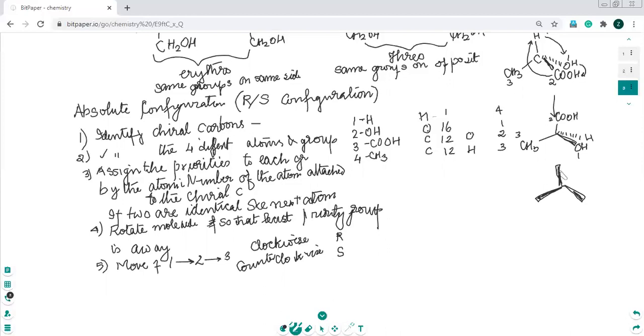And where is the hydrogen? Hydrogen is exactly behind this. This carbon is concealing the hydrogen. So we have OH, COOH, and CH3.